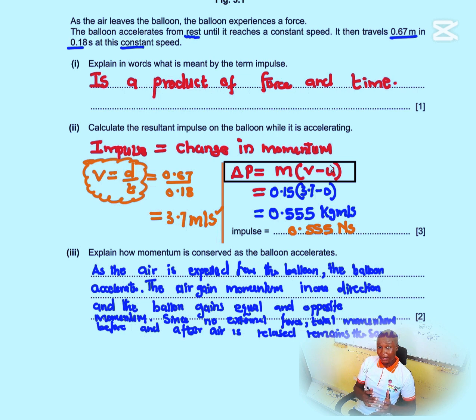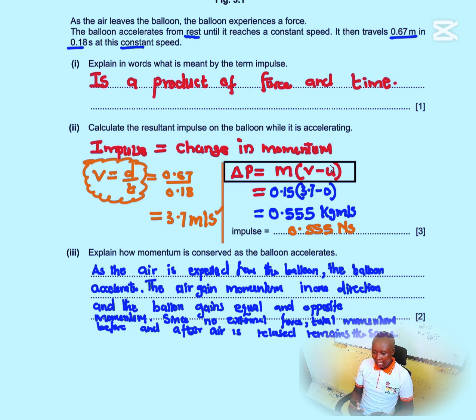Remember, it was at rest, so the initial velocity was 0. If we apply the formula, we get 0.555 kilogram meters per second. That is the unit for impulse, and impulse can also be given in newton seconds. So you can give impulse units as kilogram meters per second, or as newton seconds.